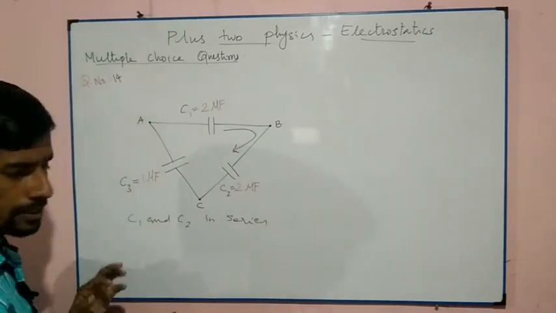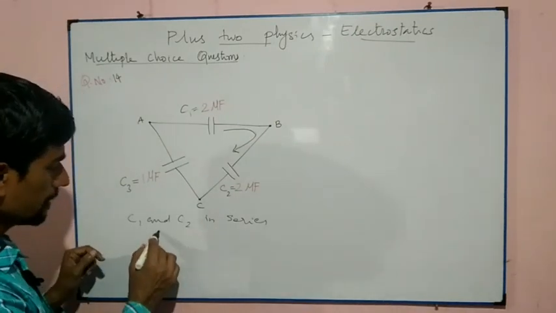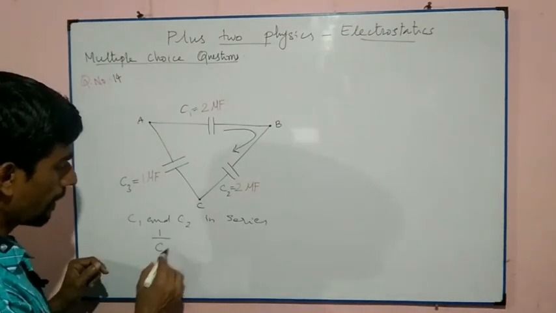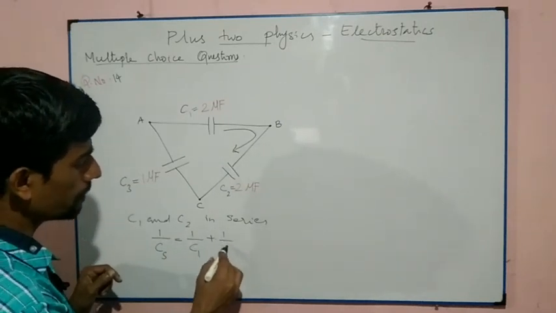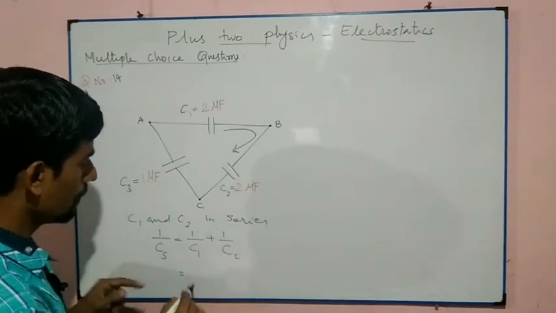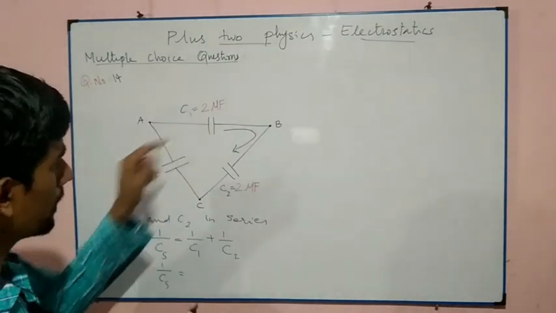According to the concept, if capacitors are connected in series, the effective capacitance is 1 by Cs equal to 1 by C1 plus 1 by C2. So 1 by Cs is equal to, what is C1 here? 2.